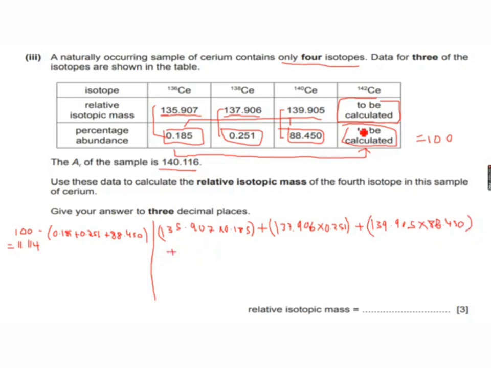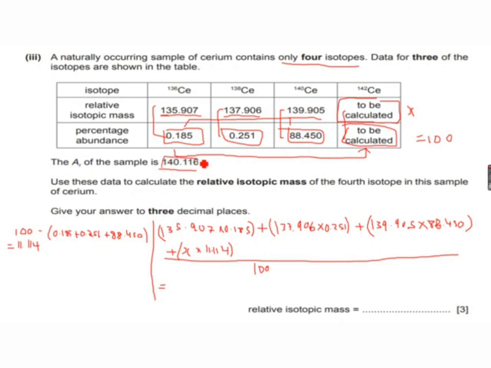Plus we have to multiply these two together, so we don't know the mass, so let's take the mass as x, and we know the percentage abundance, so it will be x into 11.114, and all this divided by 100, because all percentages add up to 100, will give me the relative atomic mass.